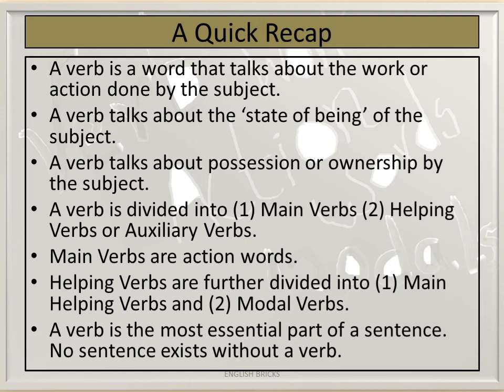Main verbs are action words. Helping verbs are further divided into main helping verbs and modal verbs. You will learn about all of these in greater detail in the coming lessons. And remember, please, this is the key takeaway: a verb is the most essential part of a sentence, and no sentence exists without a verb. Is that clear? Good to go?